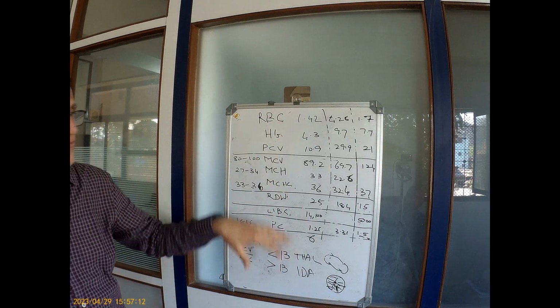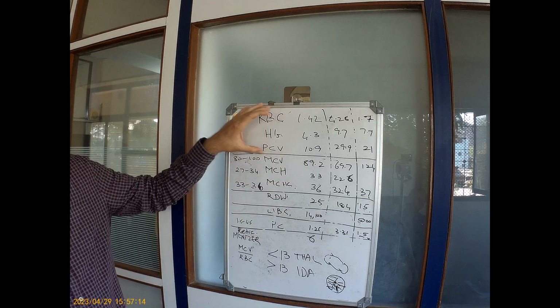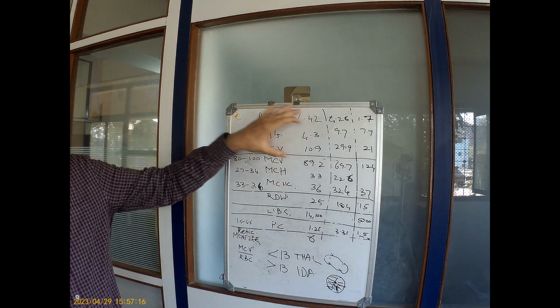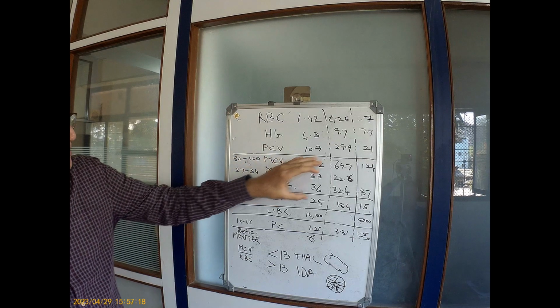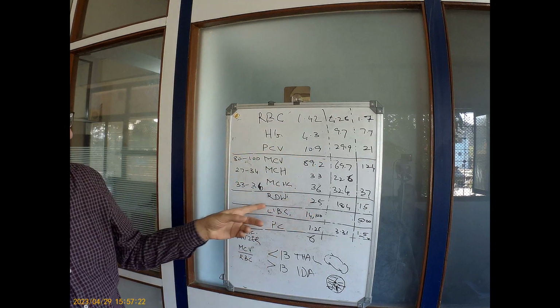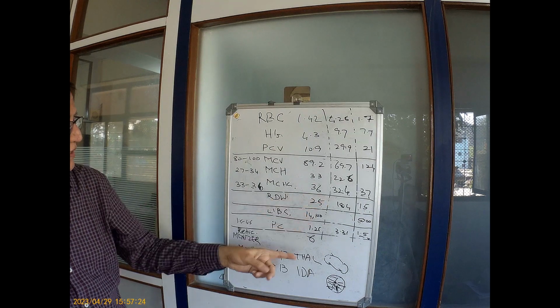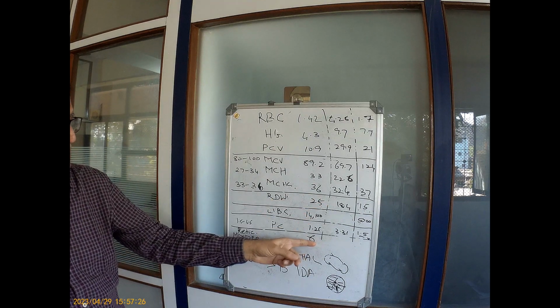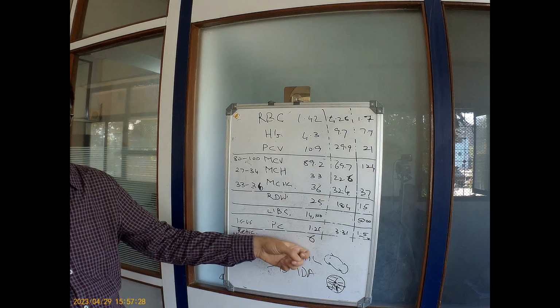Now this is a very confusing picture. You have a definite anemia, yet there is no clue coming from the indices. There are red flags: the RDW has increased and the retic count has gone to 6, which means production has been stepped up.